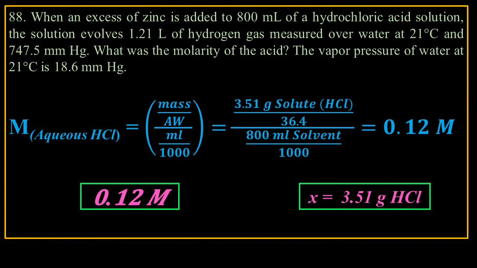So I know the number of moles of HCl was 3.51 grams of solute per 36.4 grams for 1 mole, and then I know that I had 800 milliliters, so how many moles did I have in that? Well, the number of moles I had in the 800 milliliters of HCl was 3.51 to 36.4, and then I divide all of that by 0.8, and that equals 0.12 molar. A fairly dilute solution of HCl, fairly dilute.